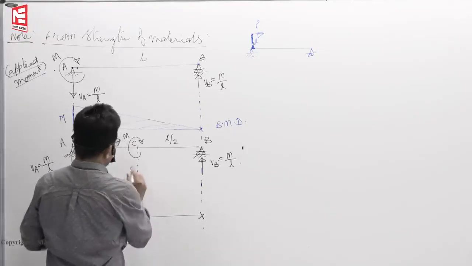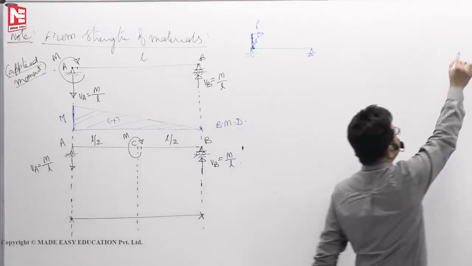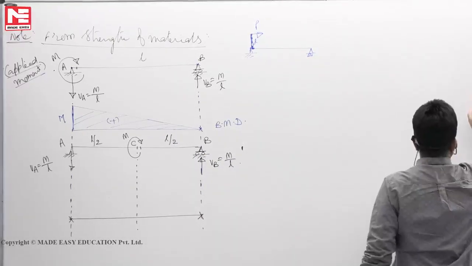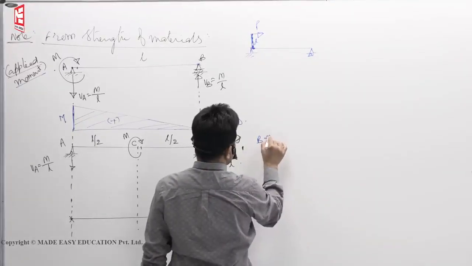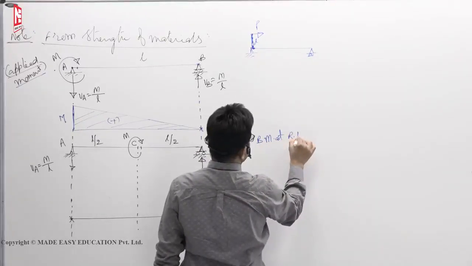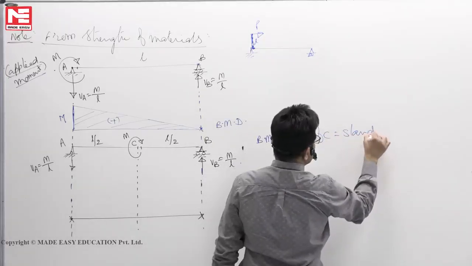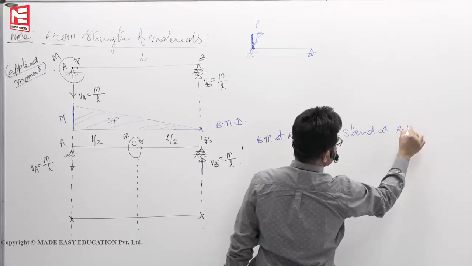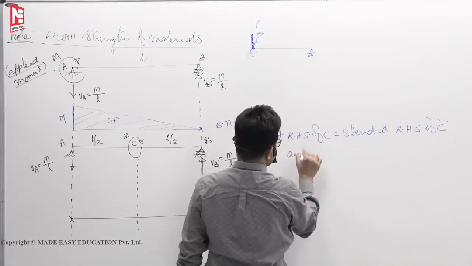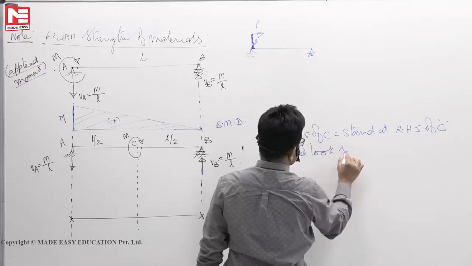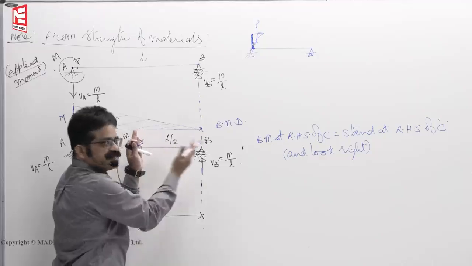Now, if you want to find the bending moment at RHS of C, this is what you have learnt. How to find that? Stand at RHS of C and look right side.